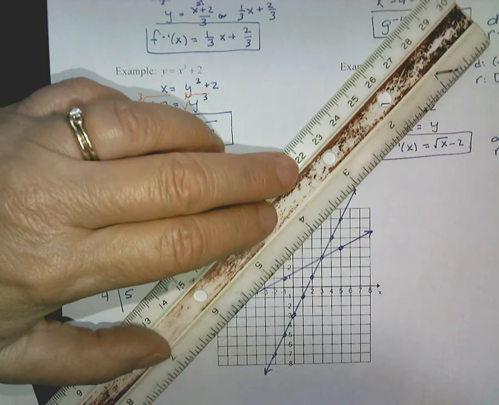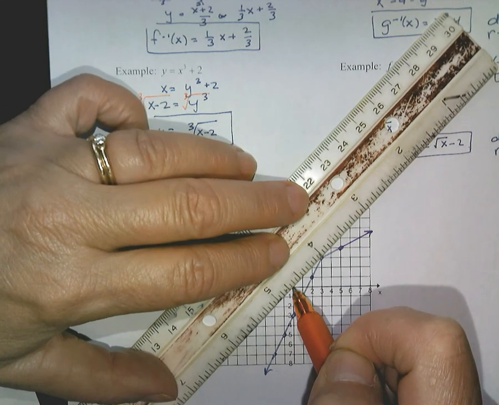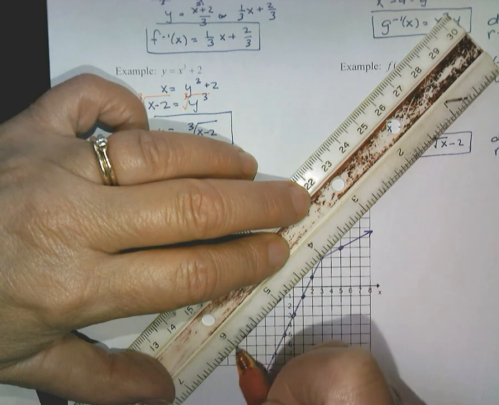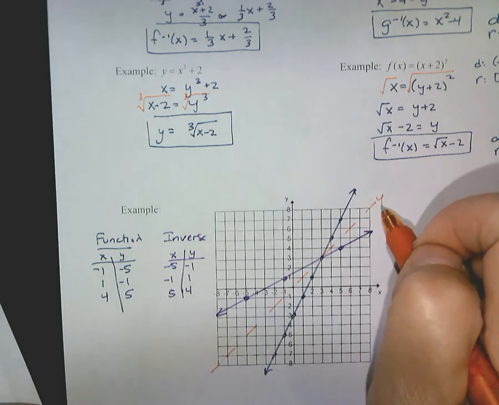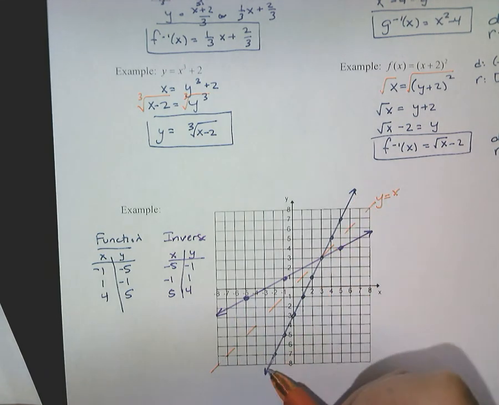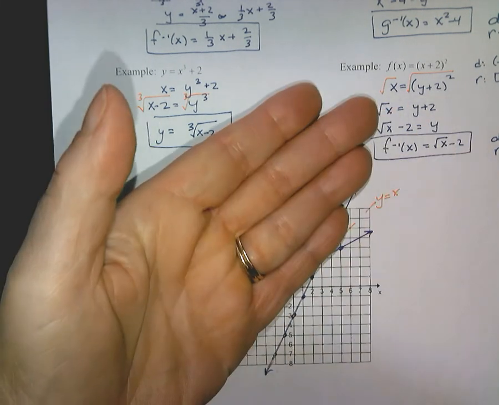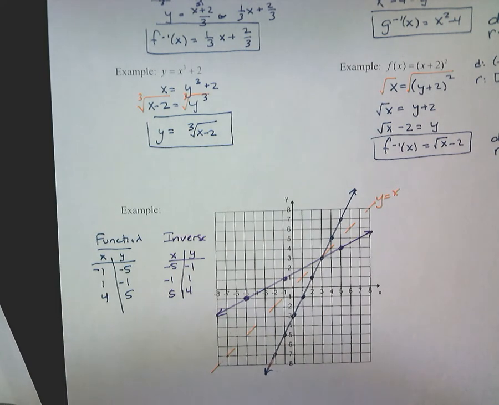If I were to draw the line y equals x, you're going to see a mirror image. So my original function is this one. If you just imagine you've taken this, flipped it over this line, y equals x, it's going to land down on here. So you don't need equations to find inverses.